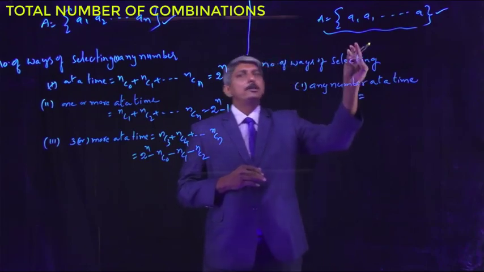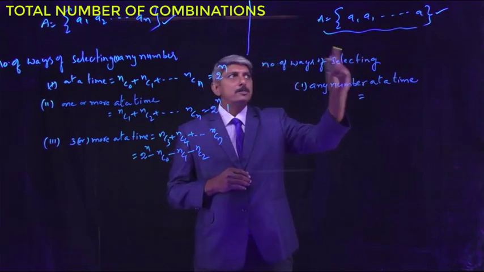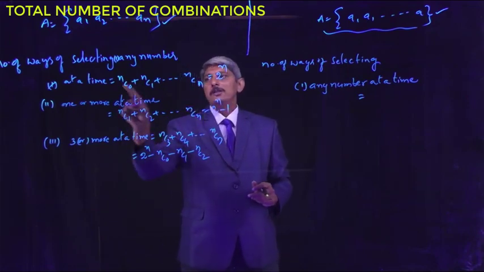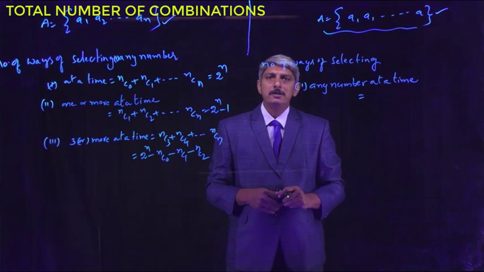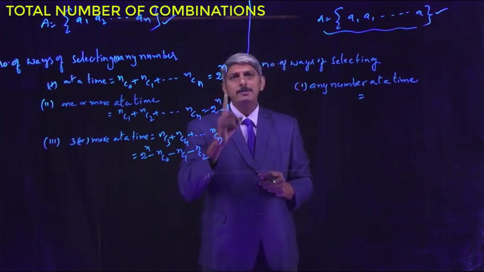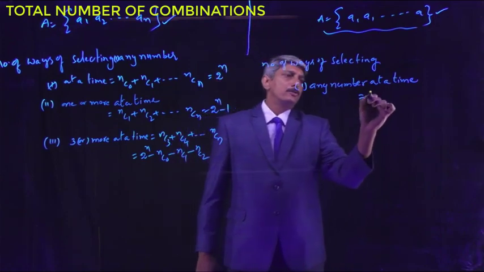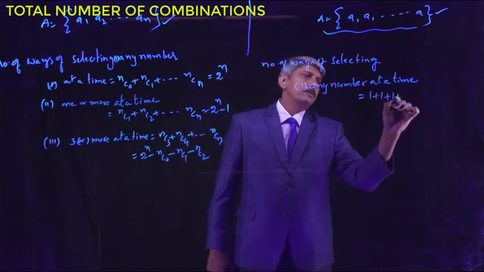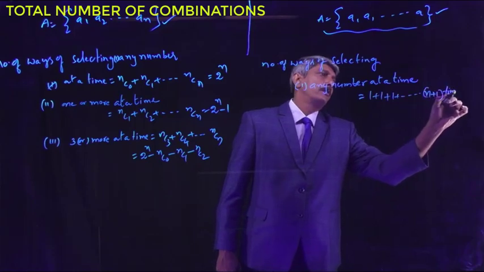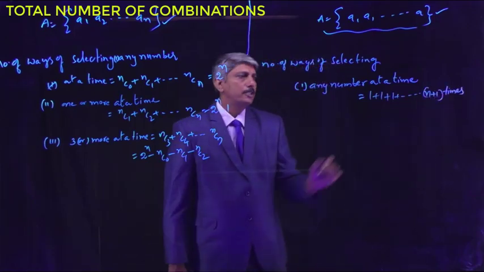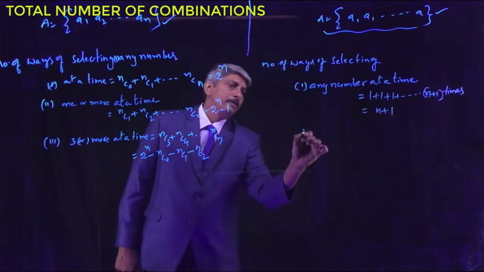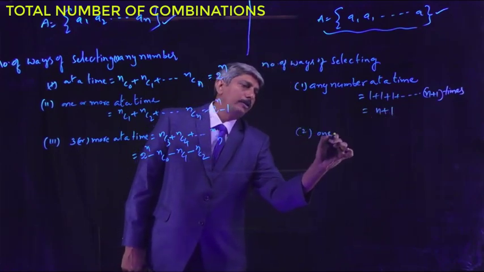So here the value of NCr is 1 because there are n like objects. So how many terms? Here these are n plus 1 terms. So here we will write 1 how many times? N plus 1 times. So 1 plus 1 plus 1 plus and so on n plus 1 times. So this is equal to n plus 1. And the second, 1 or more at a time.